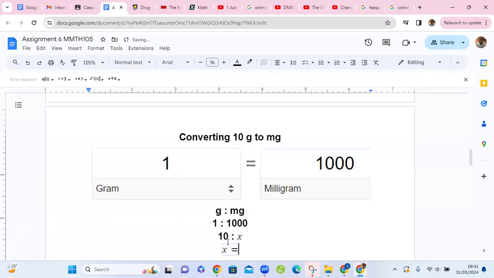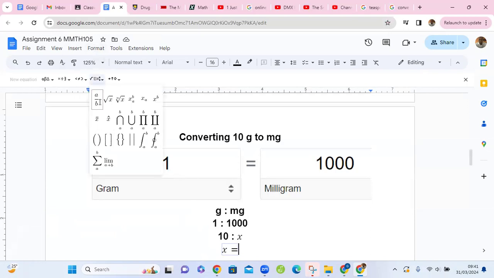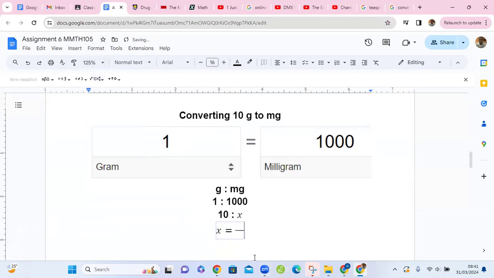We divide by 1 because we are going to do cross multiplication and divide. We have our labeling ratio, step number 1, our complete ratio with two numbers, step number 2, and an incomplete ratio with a number and a letter, so now we cross multiply and divide. We divide by 1, which is diagonally away from the letter X, and we multiply 10 times 1,000.